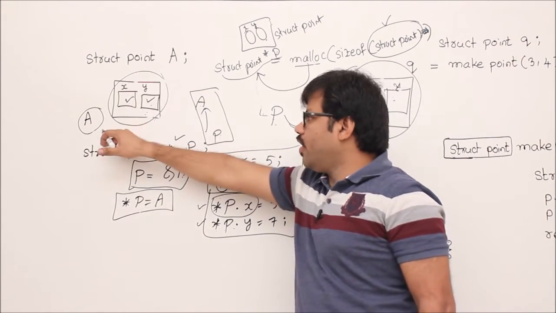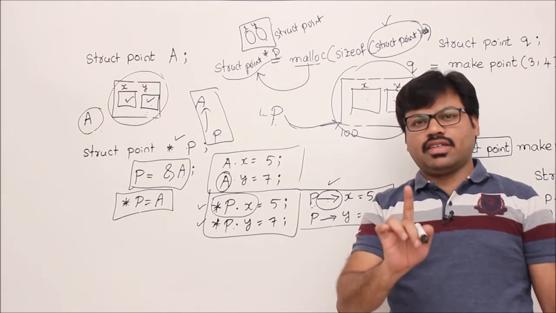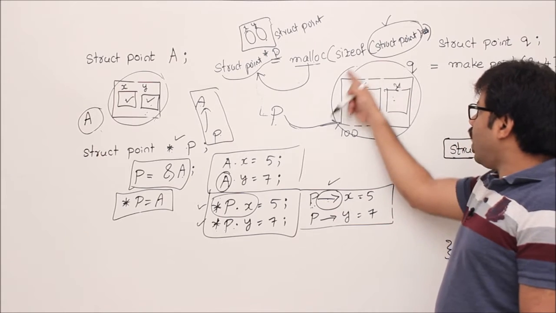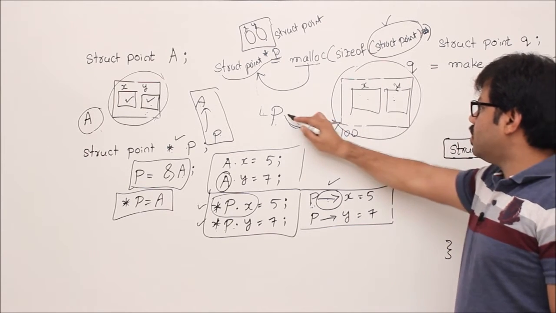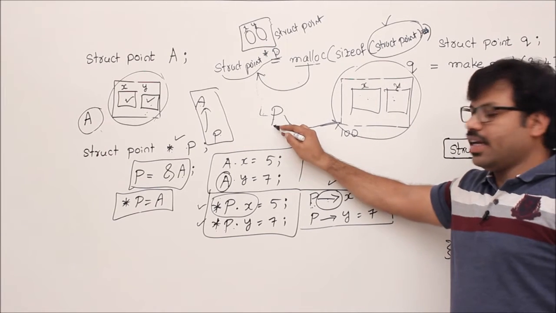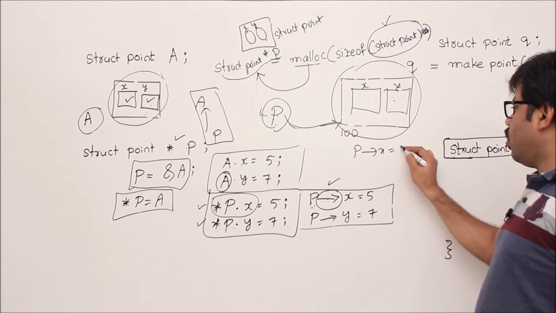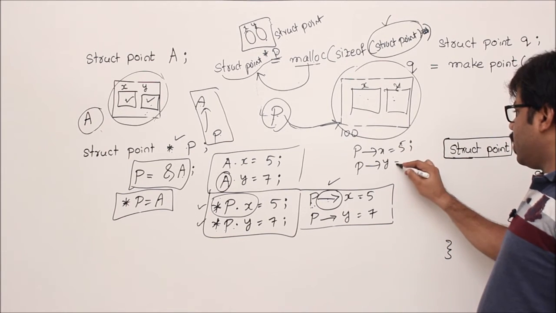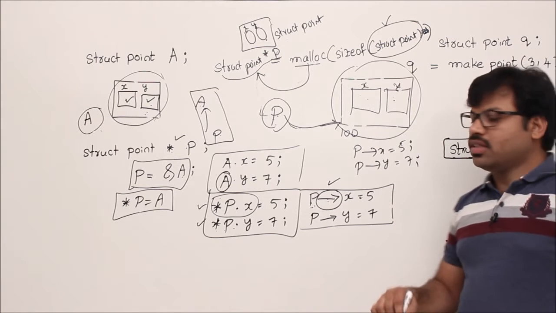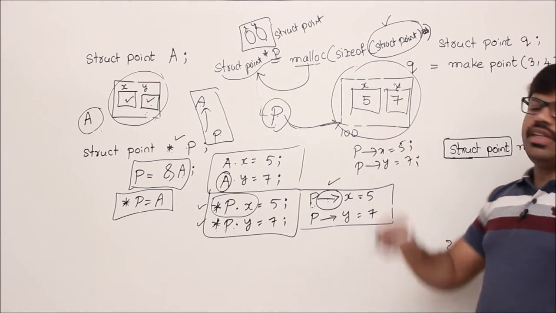This box has a variable name, this box doesn't have a variable name, but it doesn't matter. Whenever you have a struct box, we can access that structure using the pointer p. So how to do that? Simply p cap x equal to something, p cap y equal to something. Example, let me write 5 and 7. If you do that, what happens? So this will be accessed and you get 5 here, you get 7 here.